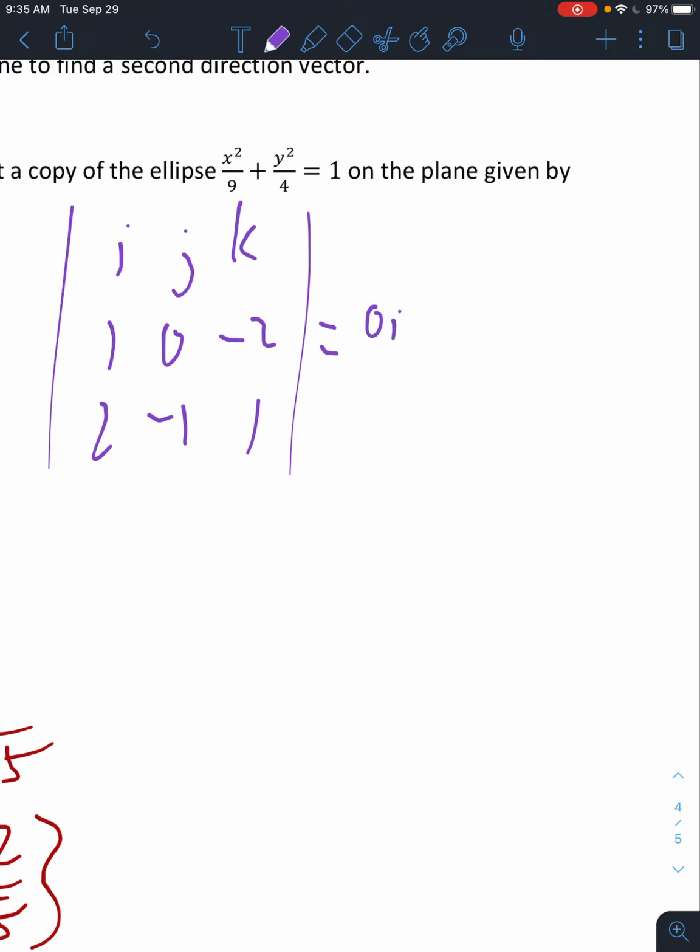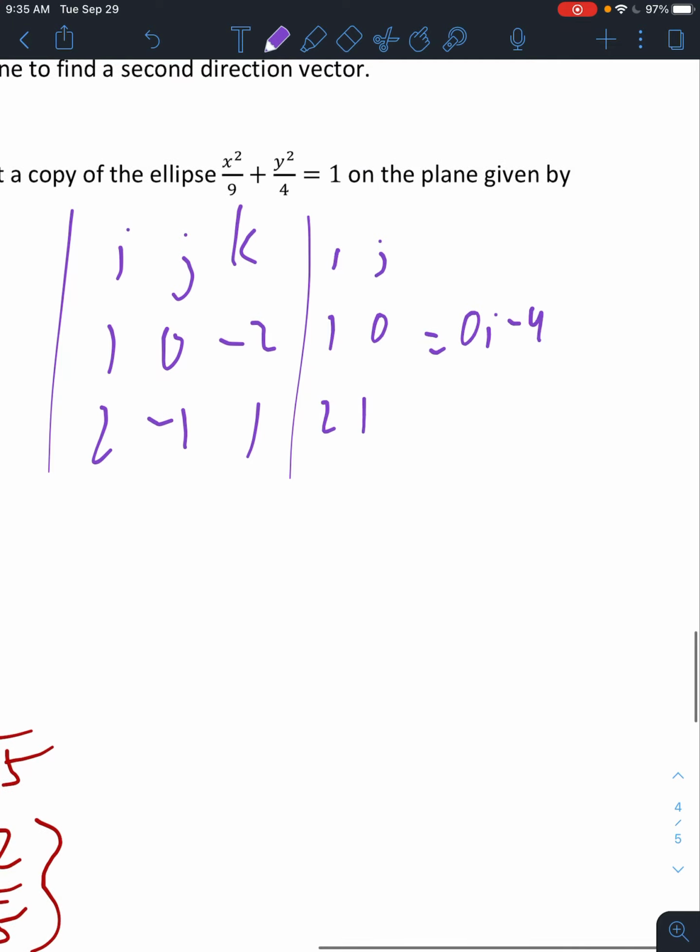So I get 0i. Now let me finish my setup here. So I get 0i minus 4j plus 1k minus 2i plus j plus 0k.